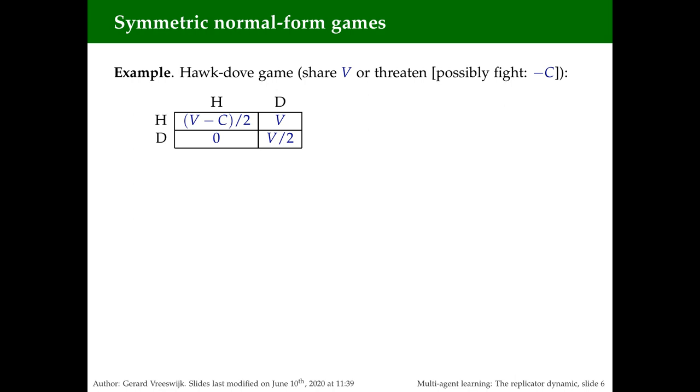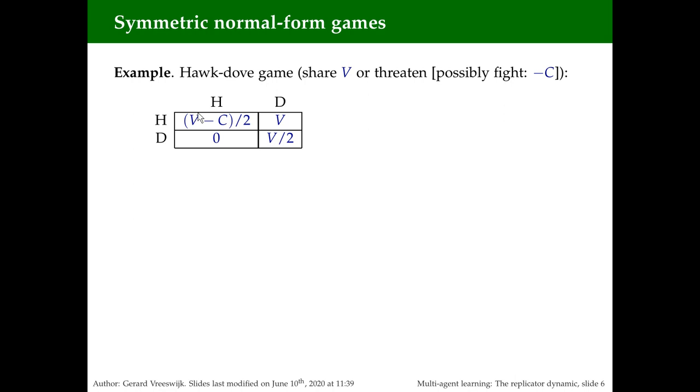A very important example of a symmetric normal form game is the Hawk-Dove game. The Hawk-Dove game occurs in many scholarly publications on game theory because it has all kinds of social applications.